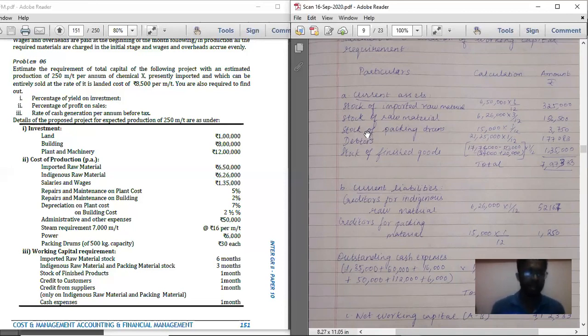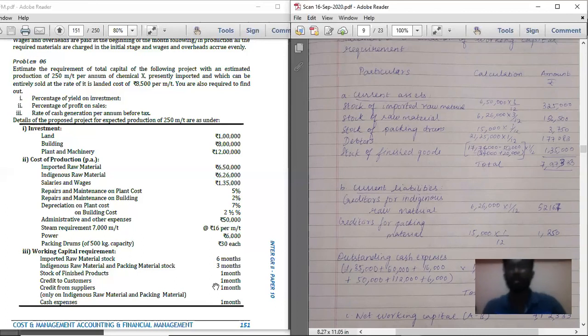So next, credit to customers. They have given 1 month. See, you should understand this one point. Whenever they have given some quantity of sales as credit sales, that is 10% cash sales or 90% credit sales, if they have not mentioned anything, you can assume whatever percentage you want, but you should give an assumption.